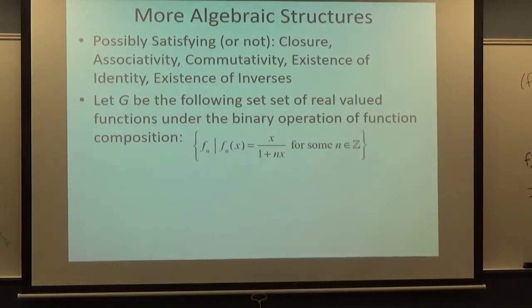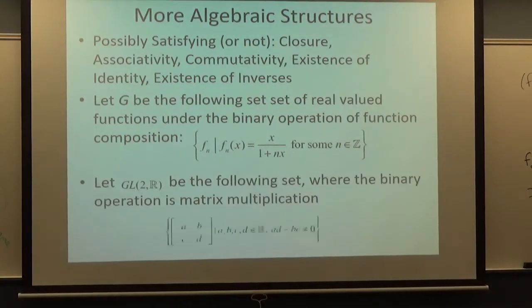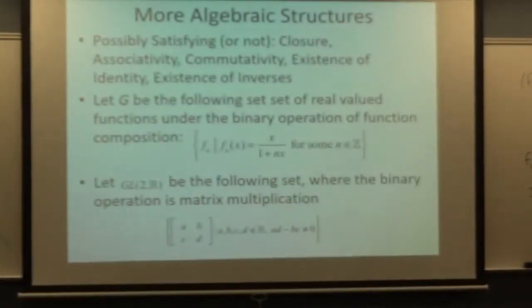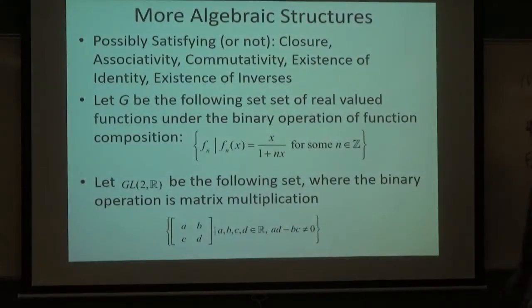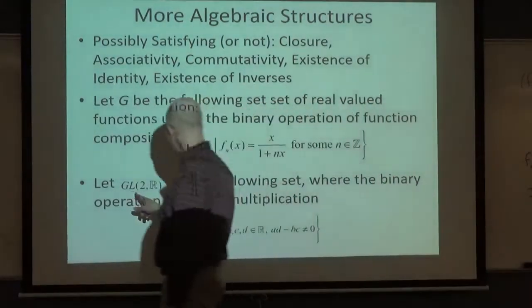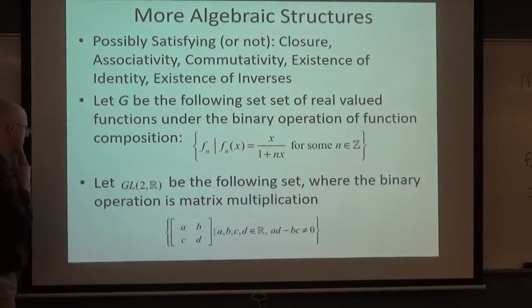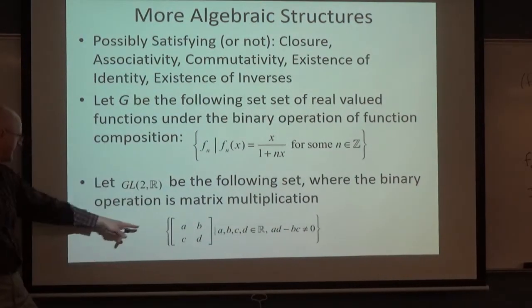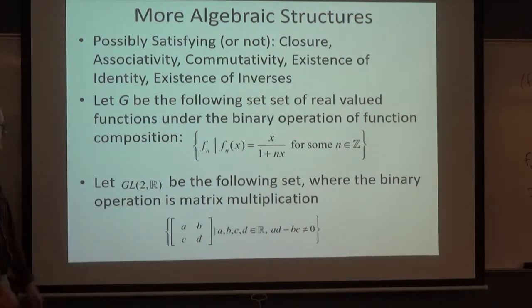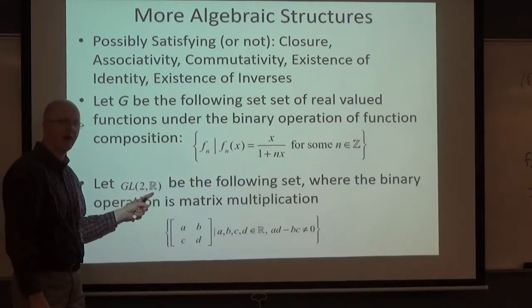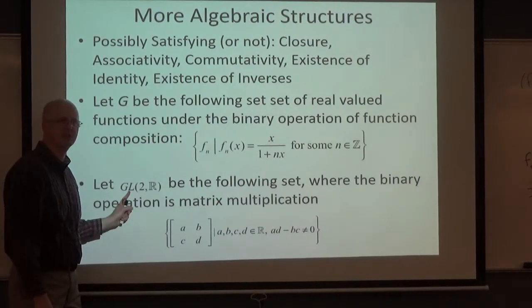Here's another example. I'm not going to go over this example in detail for time's sake. Let GL2R, weird, what is that? Be the following set here, where the binary operation is matrix multiplication. GL stands for general linear.